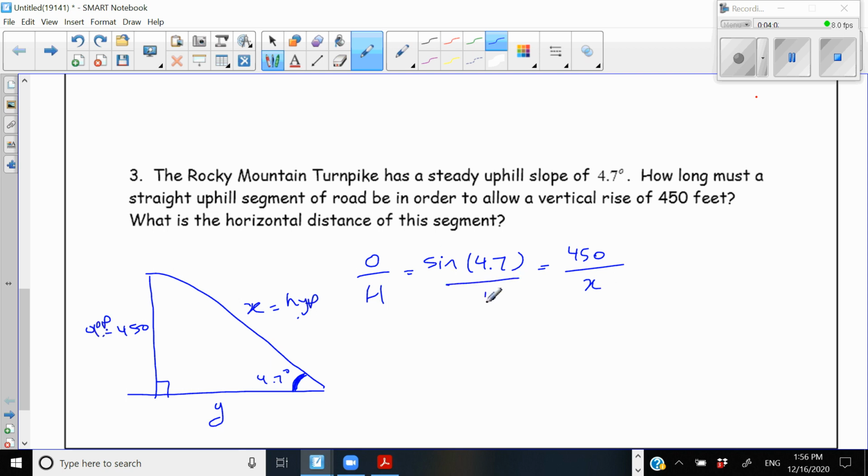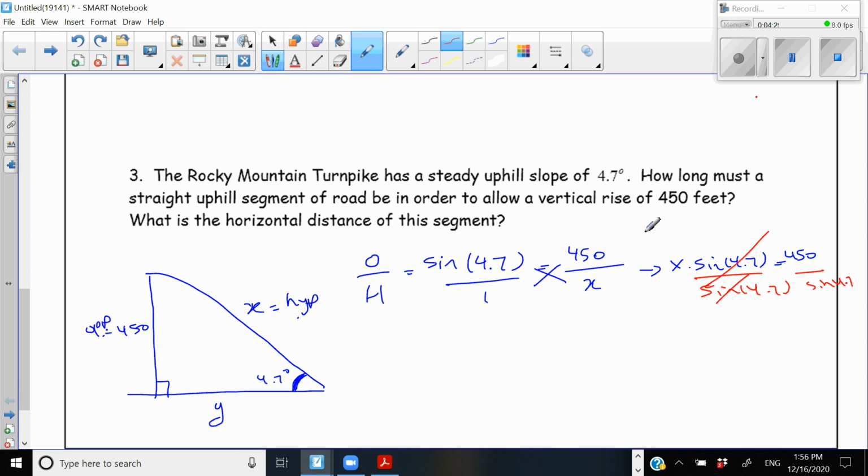Now I'm going to solve for x. Again, denominator of 1, cross multiply, and from here, x times sine of 4.7 is equal to 450 times 1, which is just 450. Now, how do I solve this for x? Divide both sides by sine of 4.7.